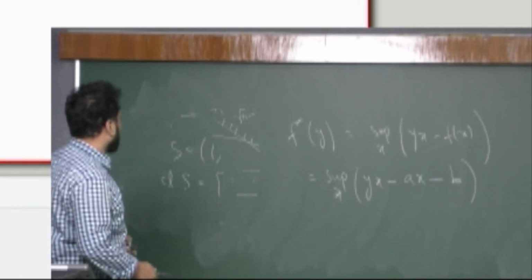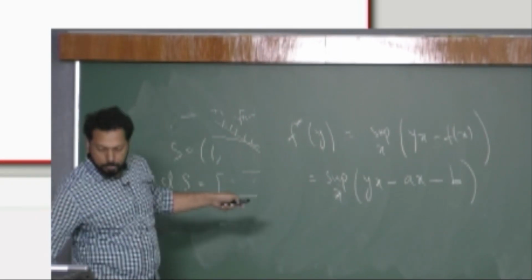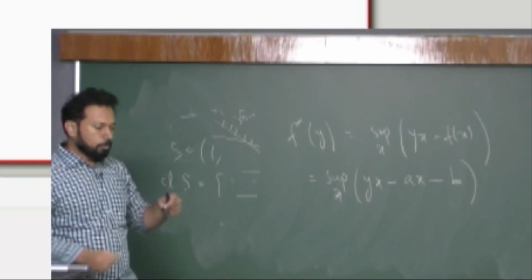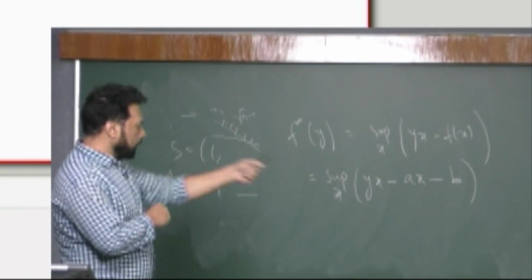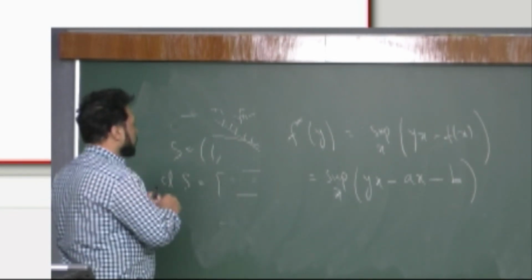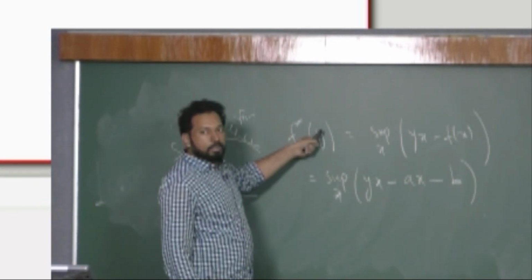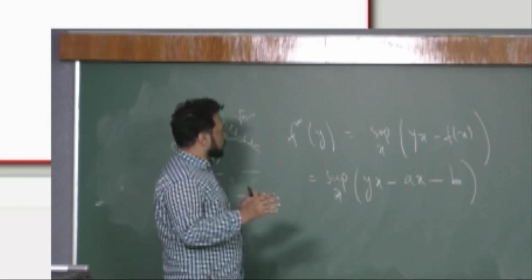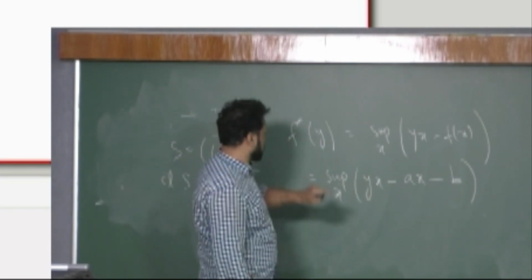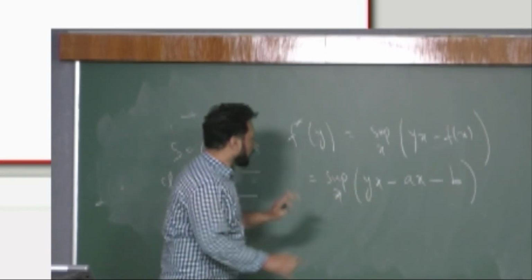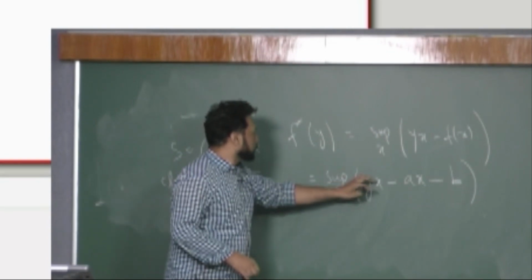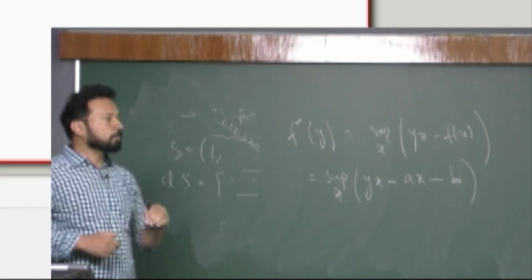Now because we want to define a function, for every input I want to say whether I can get a valid output. So I will take some y; in some sense y is fixed. Now I'm looking at what are the x for which this doesn't blow up, where the supremum is valid.